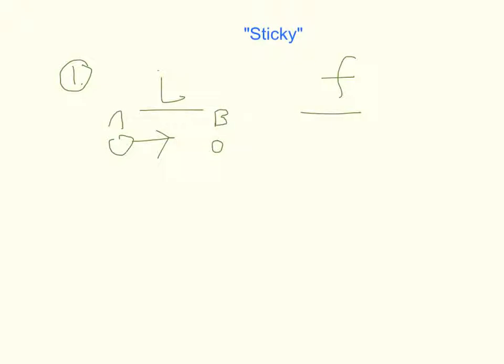So I have object A, which is moving to the right with an initial velocity, so it has momentum, while object B is at rest. However, after the two interact in a sticky collision, they literally stick together. It's almost like they combine to become one single object that moves with a single momentum.